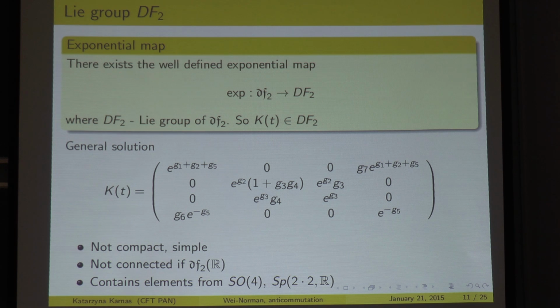There exists a well-defined exponential map that transfers the elements from the Lie algebra to the elements of the group. But this particular solution in terms of these e's.